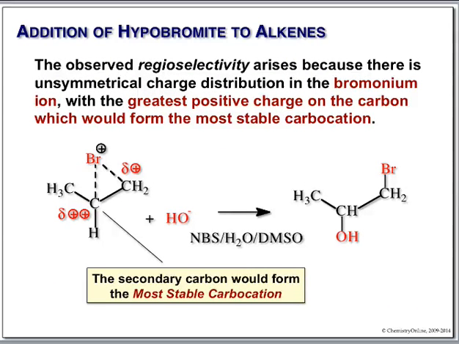Secondary carbon can pull them in from the methyl group, donate them to this, and stabilize it. That means that this carbon has a bit more positive charge than this one. OH attacks the more positive carbon to give a product. Molecules are very generous that way. They will distribute their electrons to make the whole thing more stable.